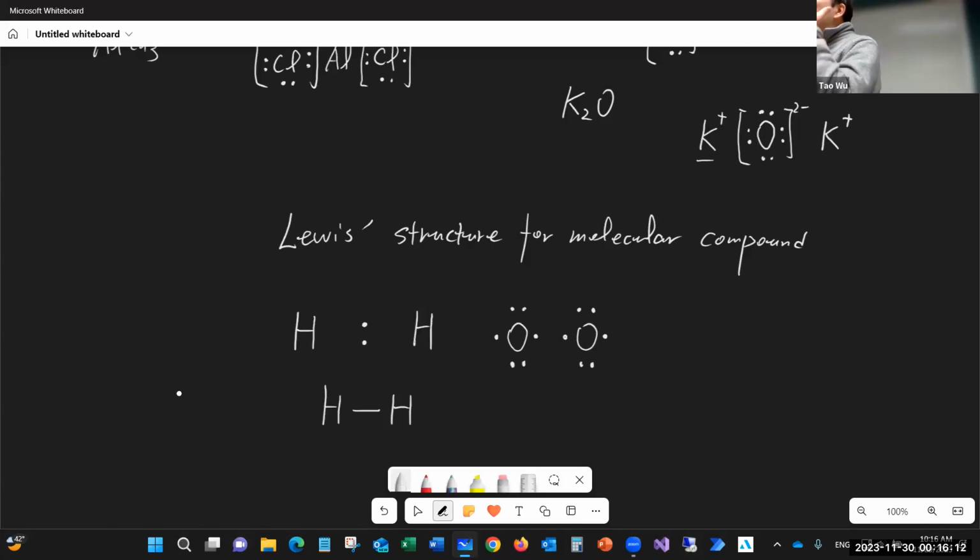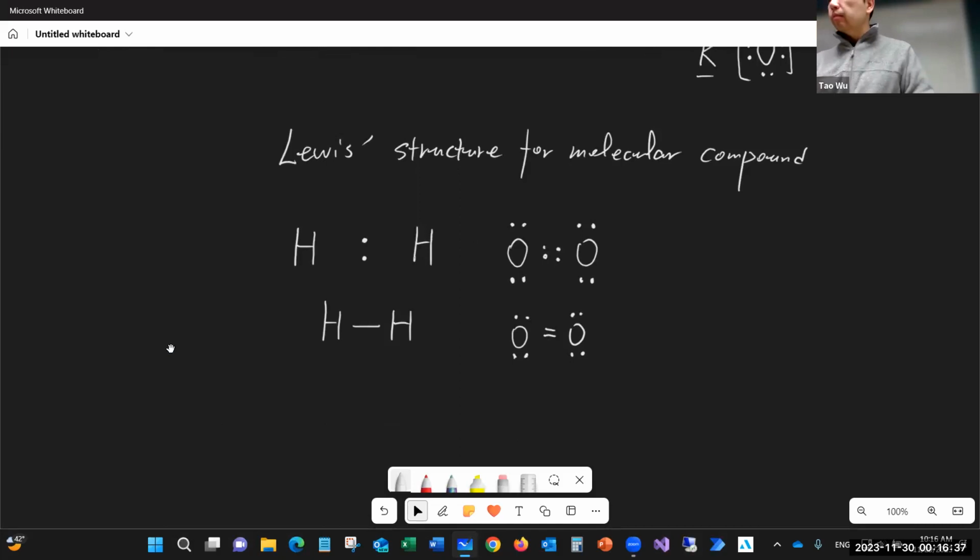But none of them would like to give. Instead, they are going to share those 4 electrons together, making 2 paired electrons, and those 2 paired electrons will make a double bond. So that's why we have O2. Then we have H2.